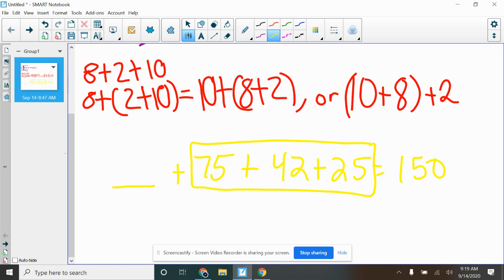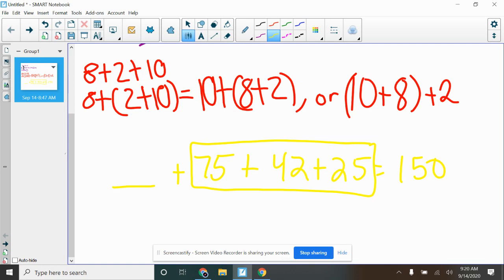What is the problem telling us to do? Add it. We have to add all that stuff together, because I can't even begin to figure out what to subtract until I get a number. And right now I don't just have one number, I have three numbers.